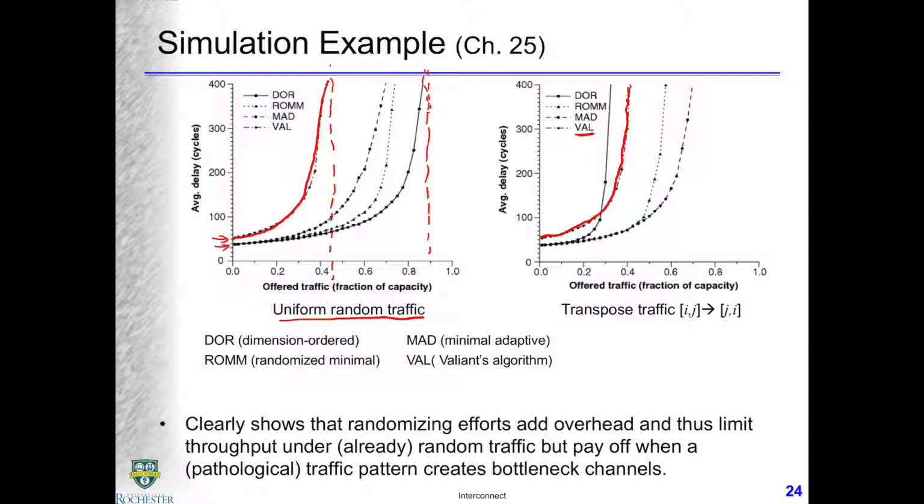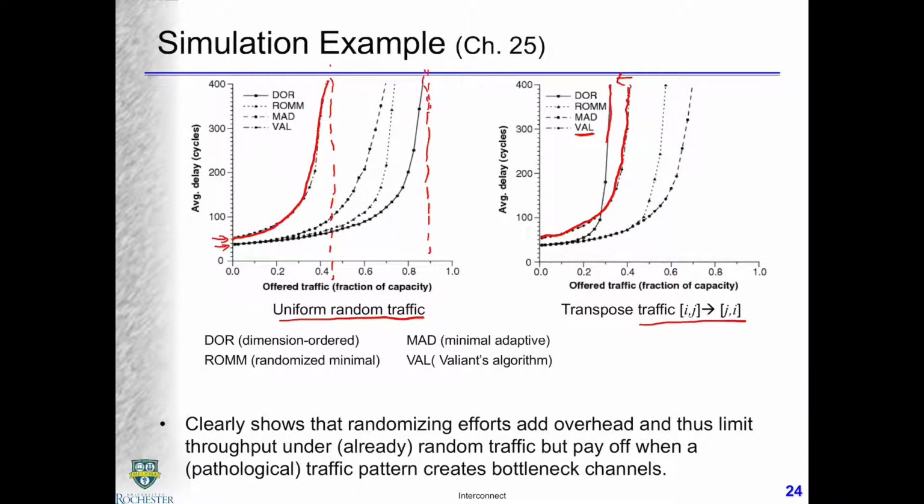Okay, so this is bad if you have a good traffic pattern when you're looking at Valiant. But if you look at this very odd traffic pattern, and this is perhaps taken out just to show you, you see Valiant is not very bad. At least it saturates later than this, which is randomized.